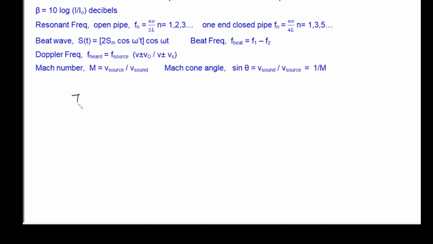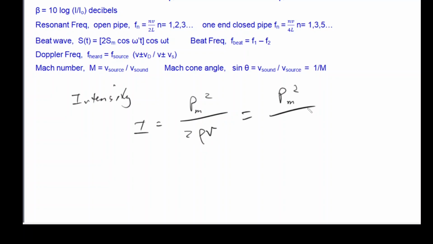Sometimes it's more convenient to express intensity in terms of the pressure amplitude. So if we go through the derivation of that, we will get I equals pressure amplitude squared over 2 rho v, which also equals pressure amplitude squared over 2 times the square root of rho and the bulk modulus.